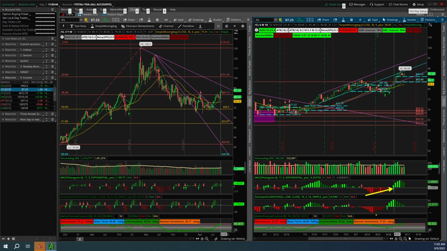So you have a green arrow in the MACD, a green arrow in the stochastics, and this one is actually in the area where it could stay above the 80 for a while, so we will see, but the intermediate market forecast is positive and it's bullish.